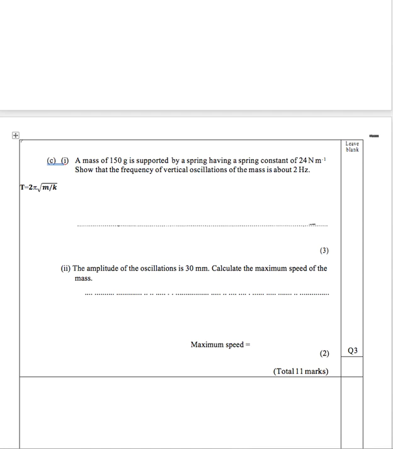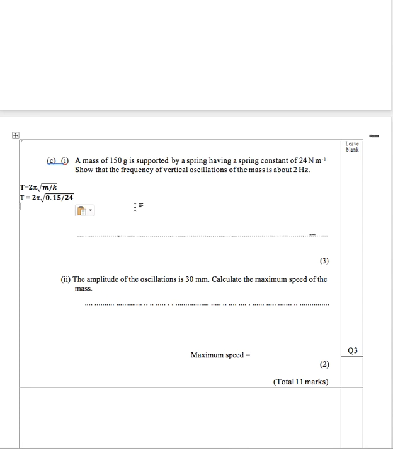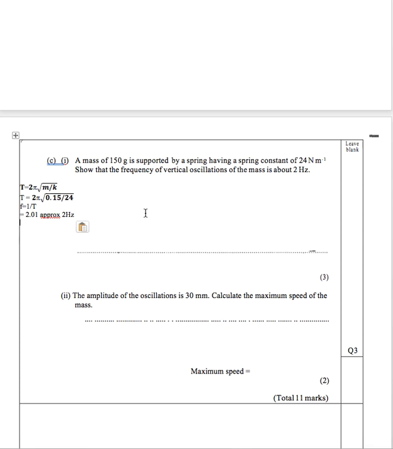If we stick in our numbers there, we get the square root of 0.15 over 24. Of course, we know that the frequency is 1 over the period. And if we do the numbers there, then we get 2.01. And to 1 sig fig, that is 2 hertz indeed. To 2 sig figs, it's 2 hertz.